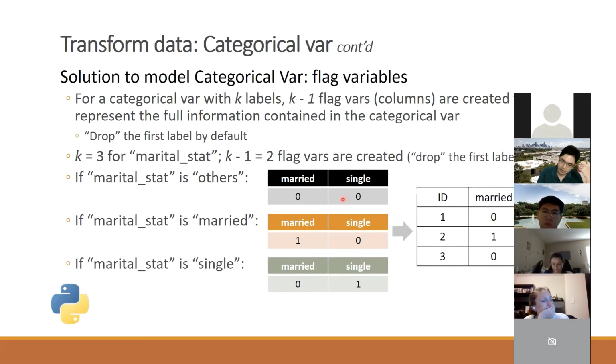This customer is neither married nor single. This customer belongs to the other category, right? And for a customer that is married, the married flag will be flagged. We'll have an indicator of 1, and 0 otherwise on the single. And for somebody who is single, the married column will be 0, and the single column flag variable will be flagged.